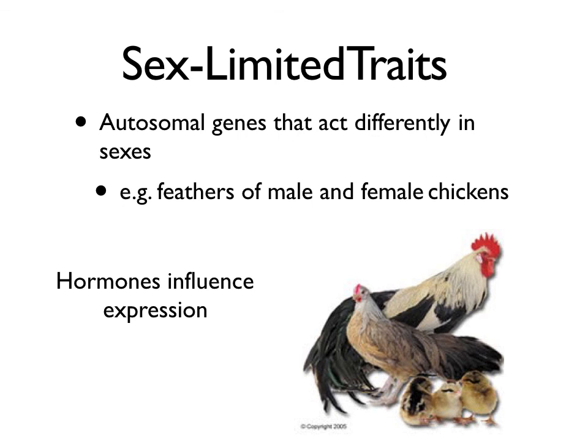The growth of these feathers is controlled by genes not on sex chromosomes, but on the autosomes. It's simply the hormonal influence of the expression of these genes that results in there being different phenotypes, even though those 2 individuals might have the same genotypes. Okay? So that's sex limited.